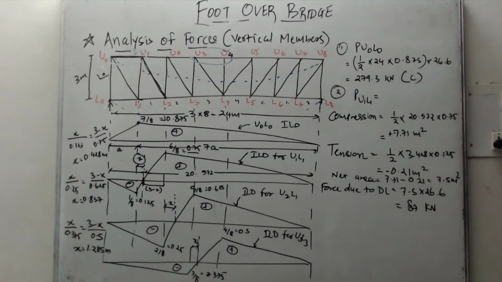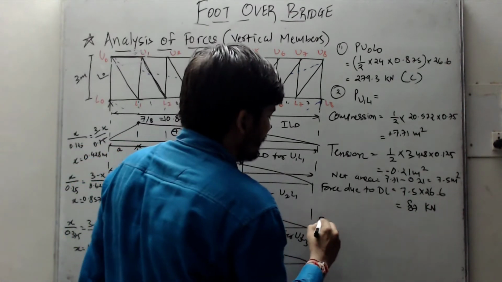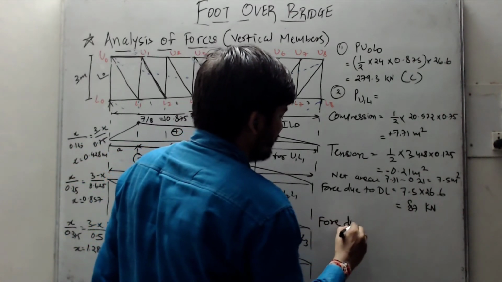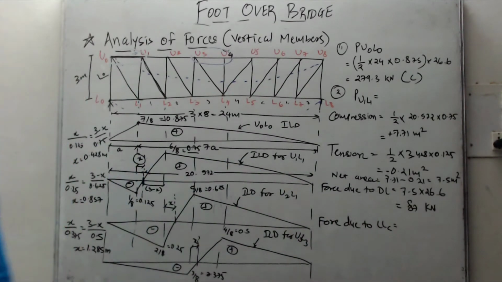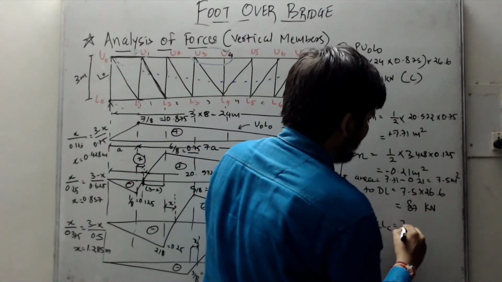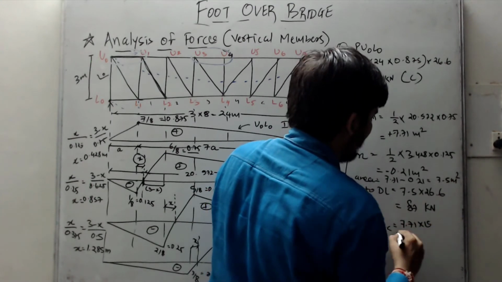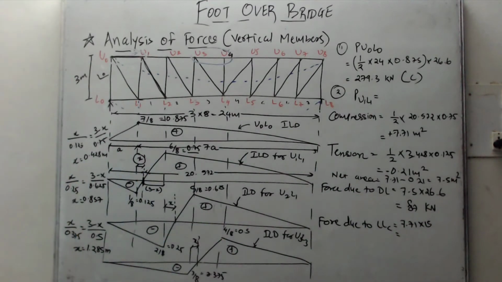Right, now force due to live load also I need to calculate. Force due to live load in compression. So live load we already calculated in the previous lectures. So it is 15 multiplied by 7.71, because I am calculating for compression. So I am getting this answer as 115.65 kilonewton.